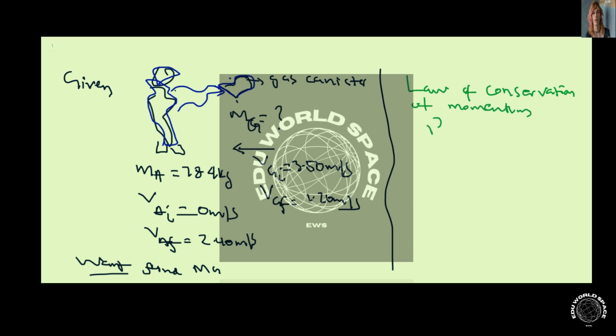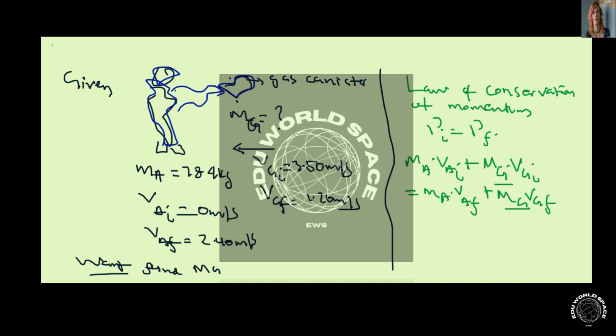The initial momentum of the system is the mass of the astronaut times the initial velocity of the astronaut, plus the mass of the canister times the initial velocity of the canister, and that is equivalent to the final momentum of the system, which involves the final momentum of the astronaut plus the final momentum of the gas canister. Our goal is to find the mass of the gas canister.